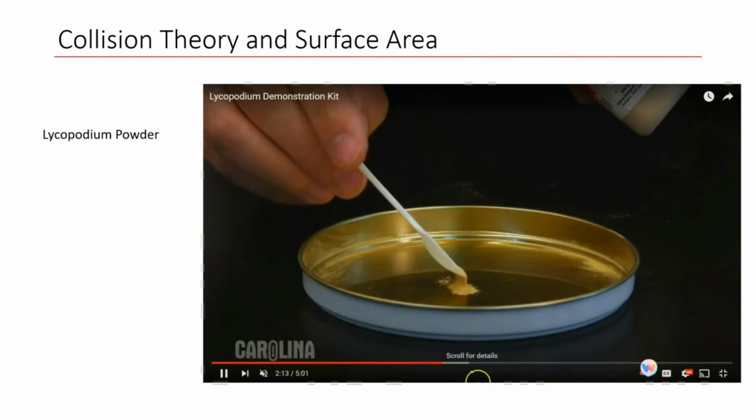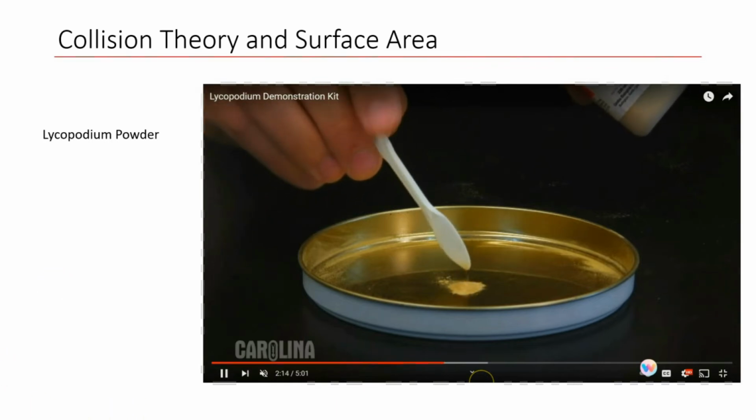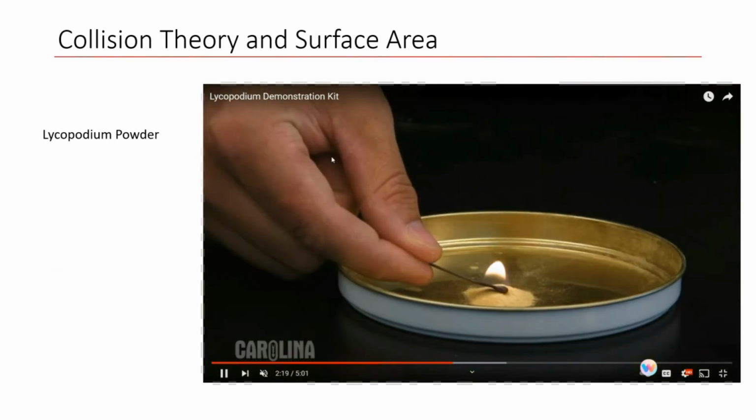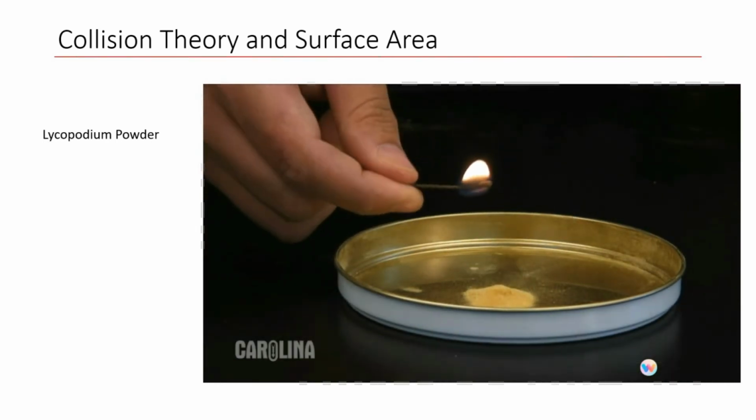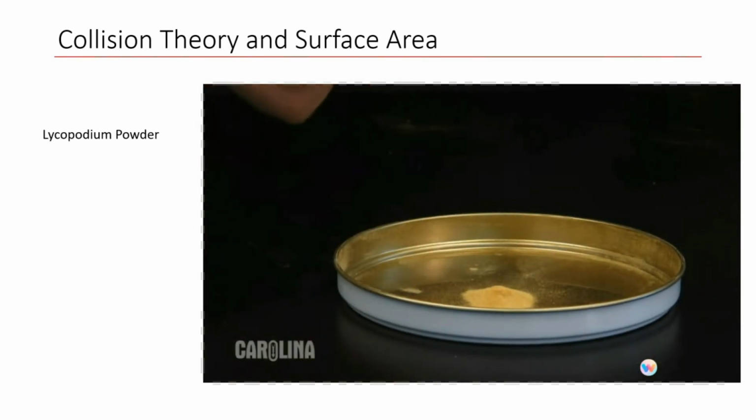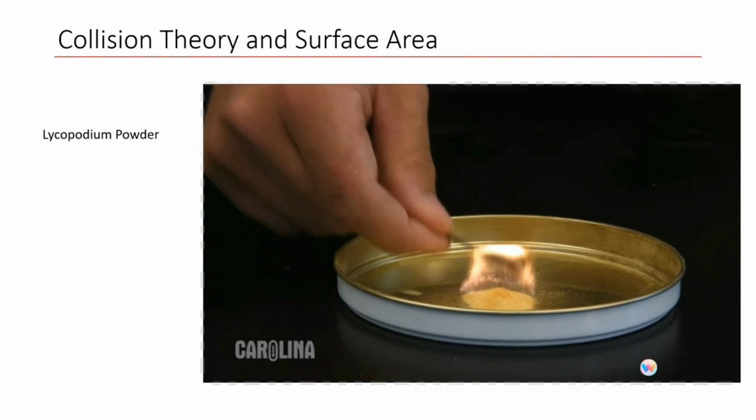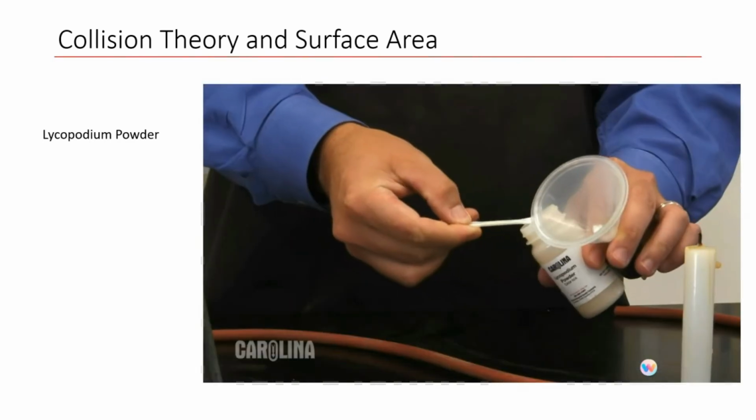Let's take a look at the impact of surface area. We have a number of video demos, and then we will look at the impact. Here we're placing lycopodium powder on a sheet. As you can see, if we light it, it's a very slow rate of reaction, and it doesn't burn very easily.